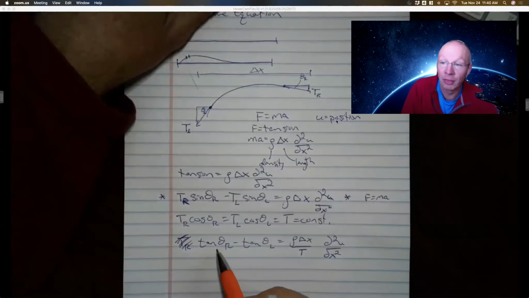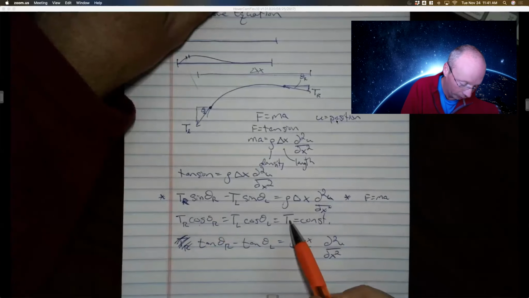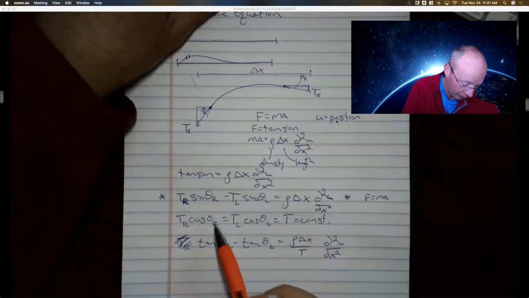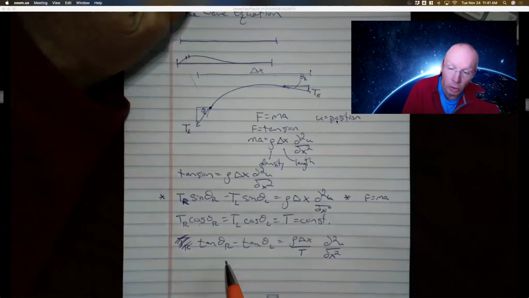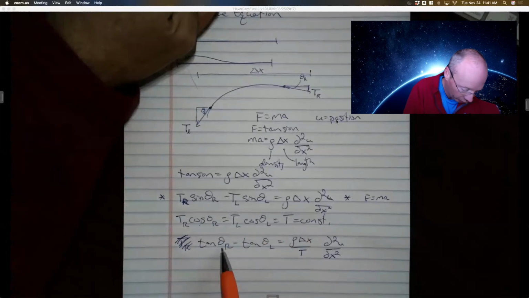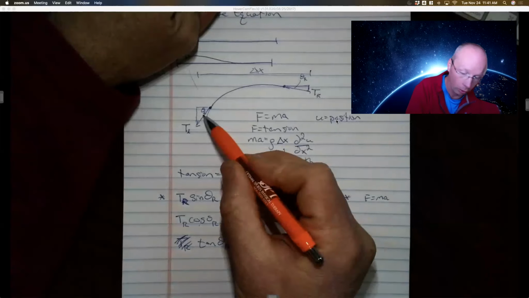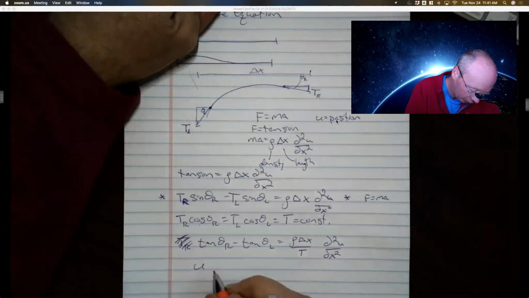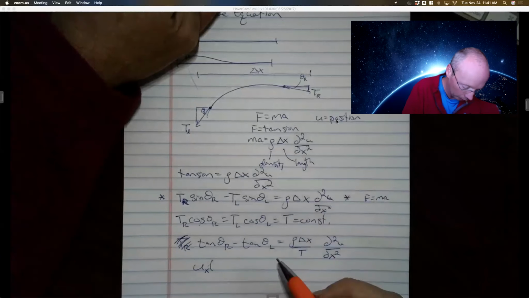Think about how I got the tangents: sine over cosine, over this particular constant. Since these are all the same, I divided everything through by the same thing. But now notice that this is just the slope over here on my curve, and that is the slope over here on my curve. So that is ux at spatial point R.